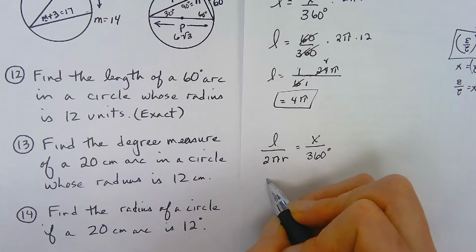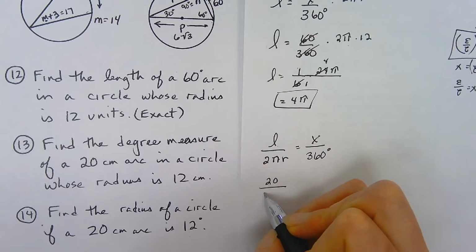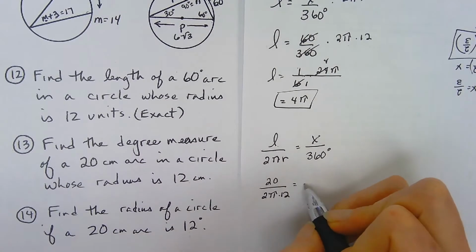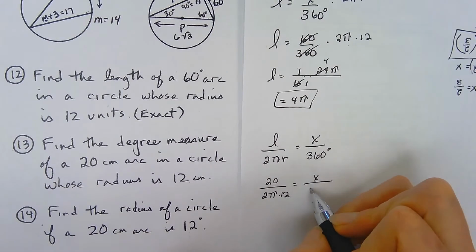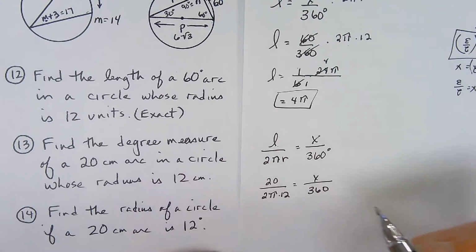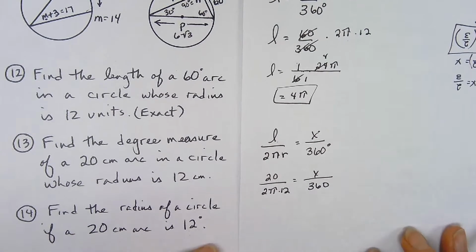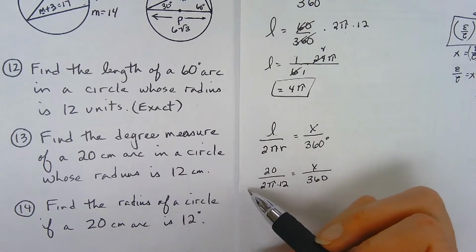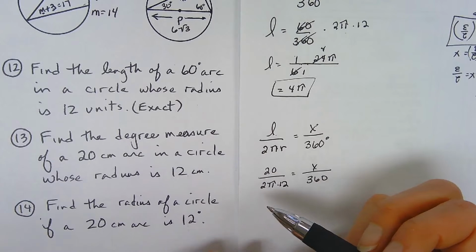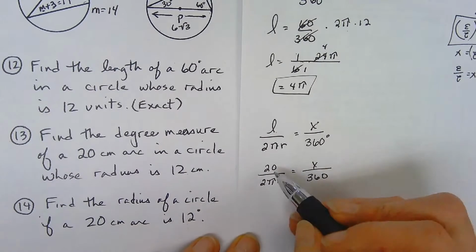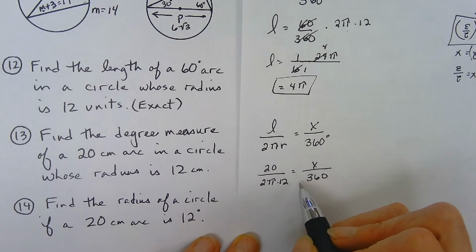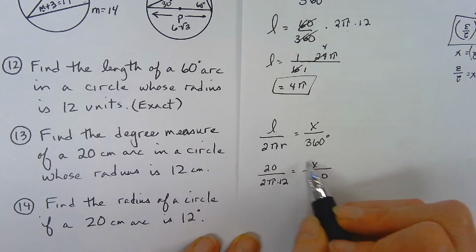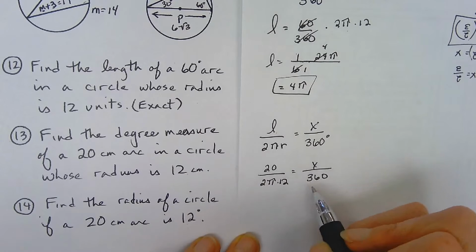The length is given to us as 20 centimeters, and that is to 2 pi times 12. And we're looking for the degree measure of x. Now here it does not say exact or approximate. We're going to find the exact first, and then I'll let you find the approximate. So to find the exact, I'm going to simplify this and this before I cross multiply. This is a proportion, so we'll cross multiply to solve.